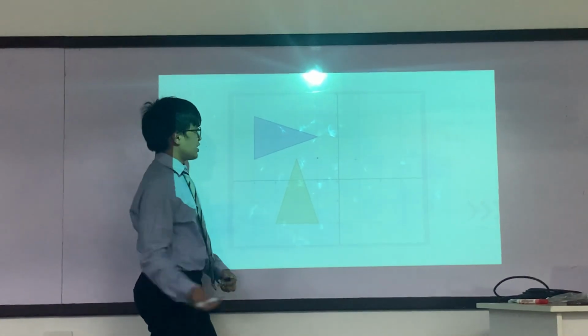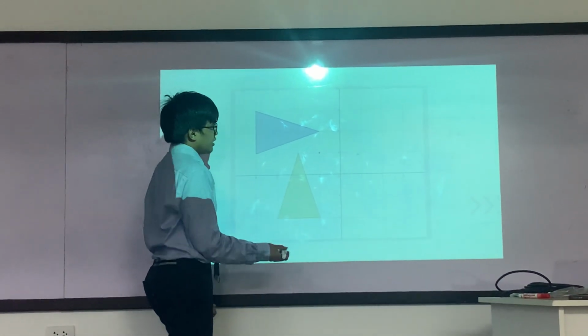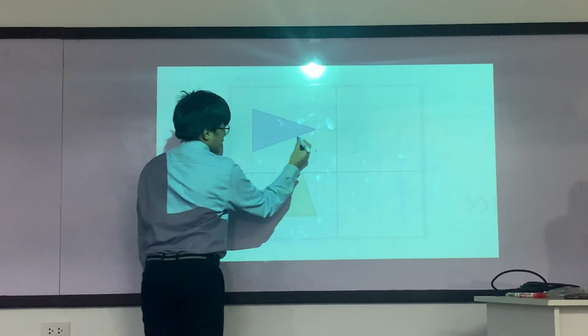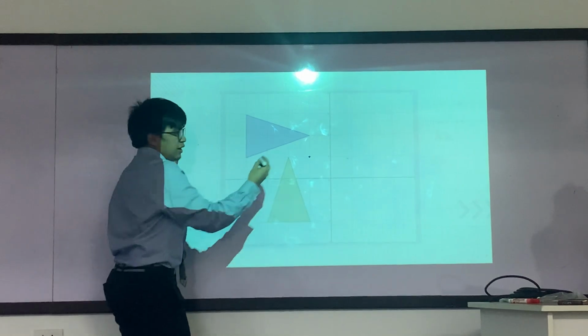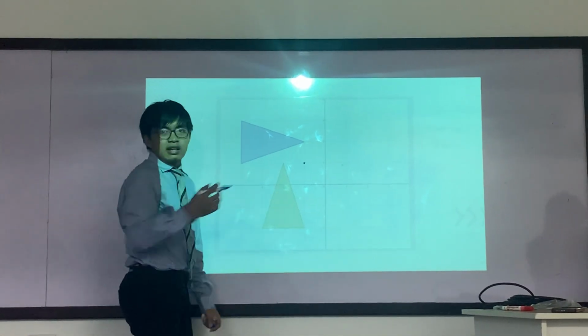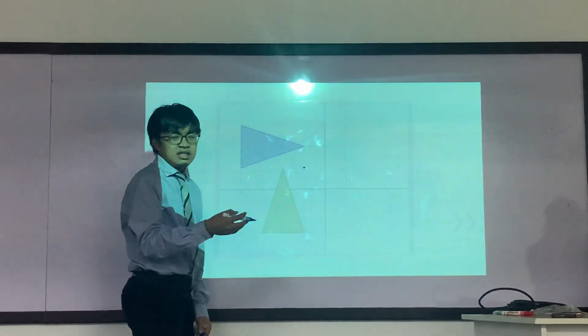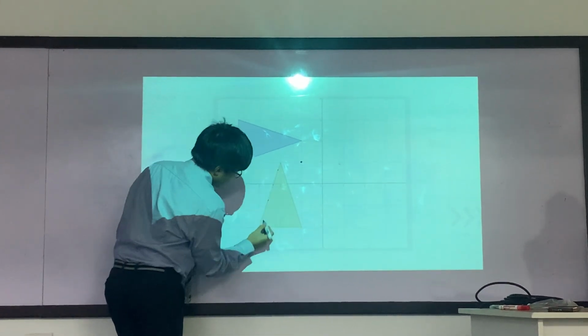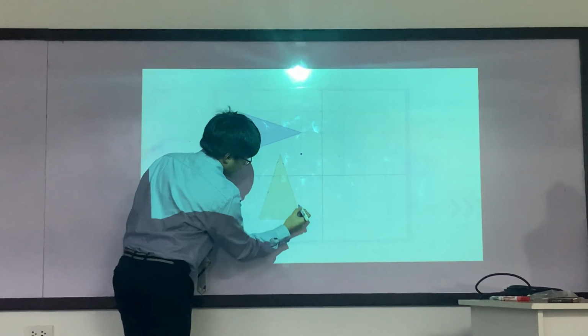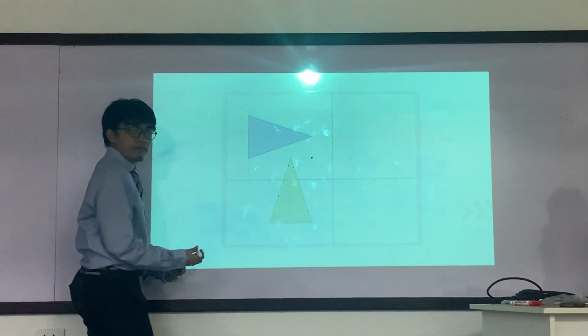This next one is also an example of rotation. This triangle here is rotated about this point. It is rotated 90 degrees counterclockwise, thus producing this yellowish shape.